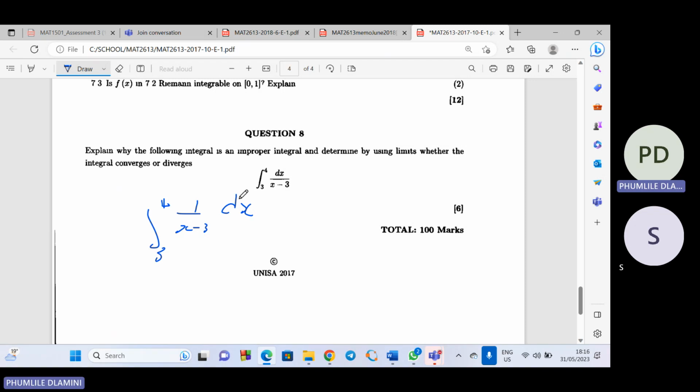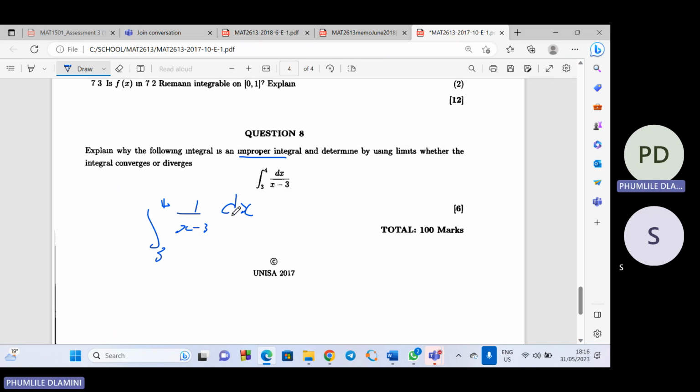When we do it, you will see that it's an improper integral. Why is it an improper integral? It's improper because you cannot just get this integral by using the properties that I gave you for Riemann integrals.